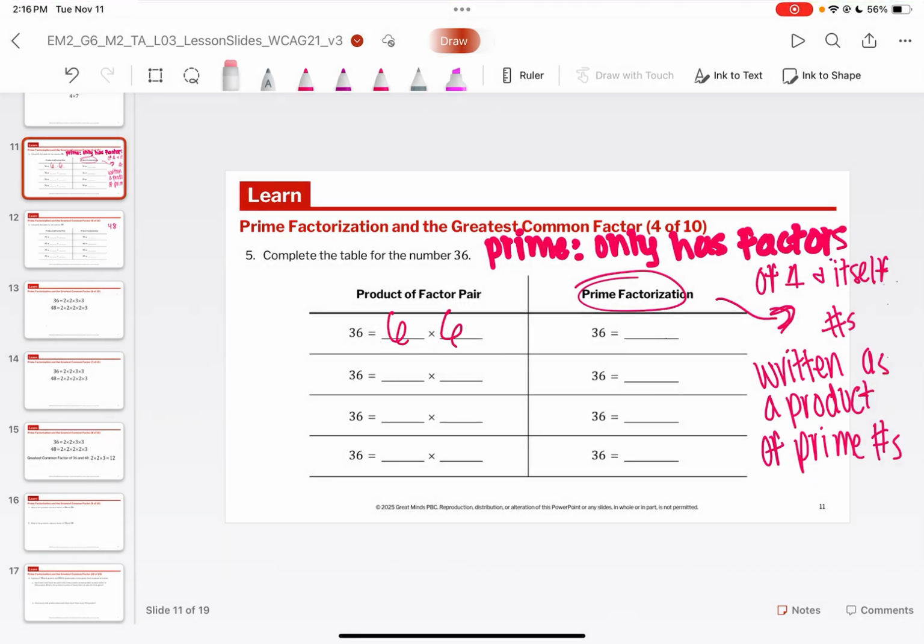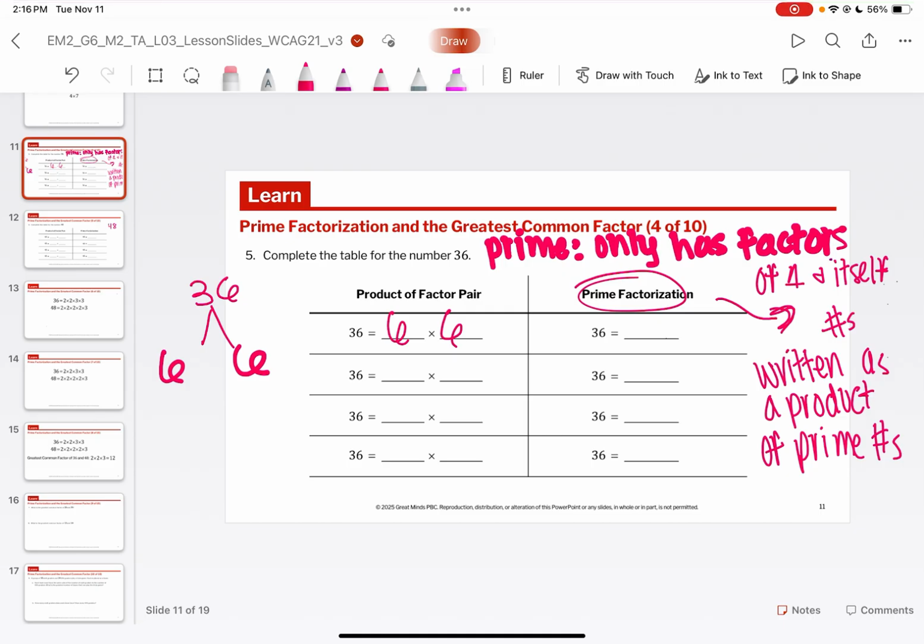To find the prime factors, we are going to do something called a factor tree. Has anyone heard of a factor tree before? Cool, a few? Okay. What a factor tree is, I take 36 and I break it into only prime numbers. So let's start with 6 times 6. Is 6 a prime number?